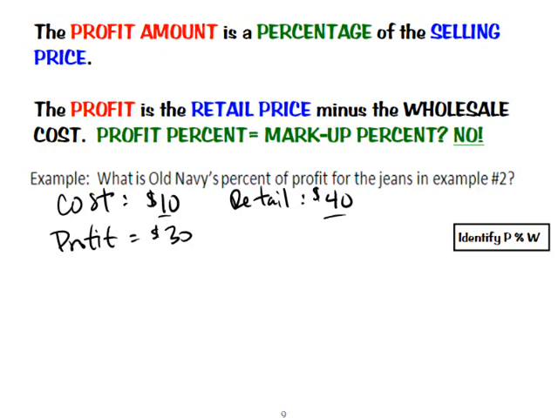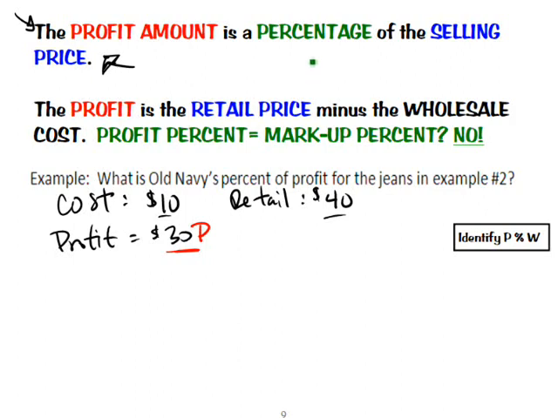Getting back to the question asked, what is Old Navy's percent of profit for this pair of jeans? We're always using this sentence here and identifying the part, percentage, and whole. The part is the profit amount, which in this case we know is our profit of $30.